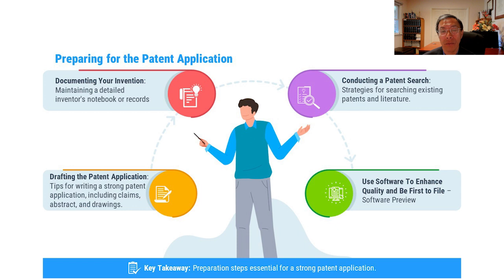When you file a PCT, you can receive reports aiding in the assessment of patentability before you enter the national phase. And there's always the cost-saving aspects. It potentially reduces the costs compared to filing separate national applications initially.